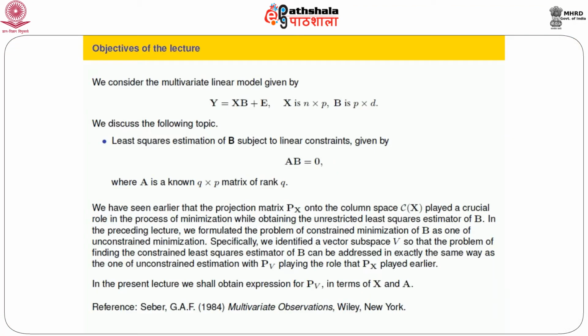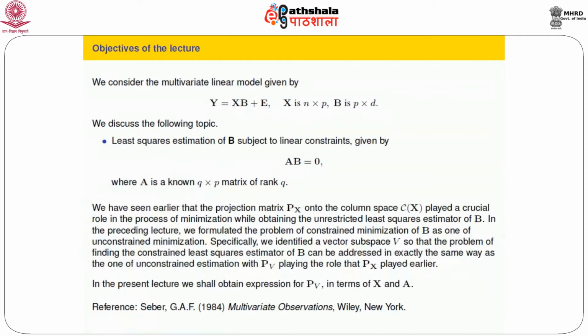We have already stated in the introduction that this is the model y is equal to Xb plus e, and we are addressing the question of least squares estimation of this parameter matrix B subject to this set of linear constraints given by AB is equal to 0, where A is a q cross p matrix of rank q, full row rank, and there is an additional assumption on the capital X matrix that we shall introduce in appropriate time.